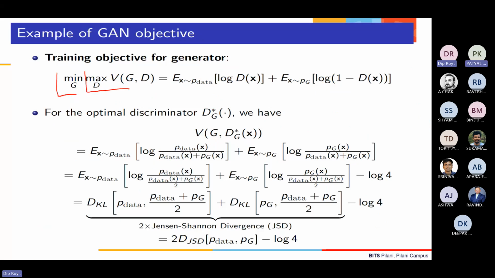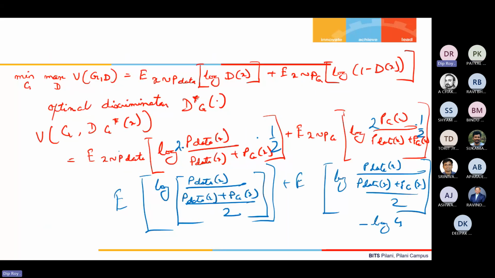So that is the reason why we multiplied by 2 and divided by 2, so that we can get this particular 2 without impacting anything, because 2 and 2 will cancel out. And that is the reason why at the end, we got a minus log 4, which is when both of these quantities are equal. Okay, sir. Thank you.